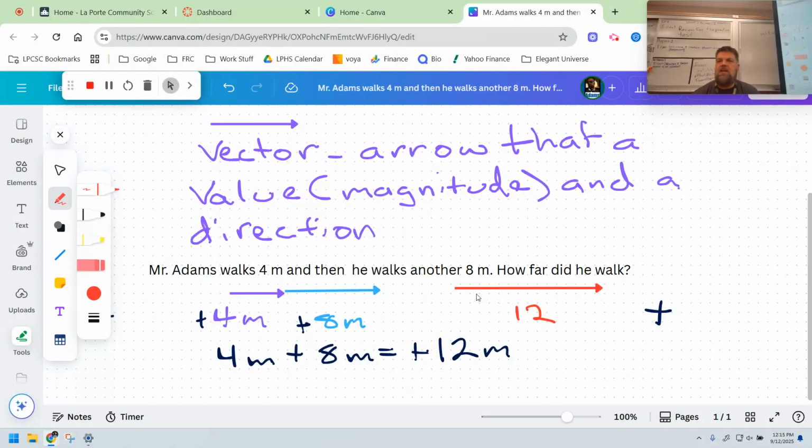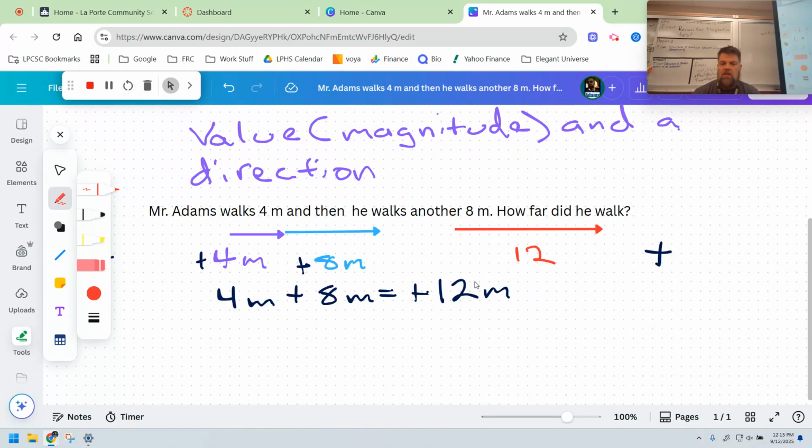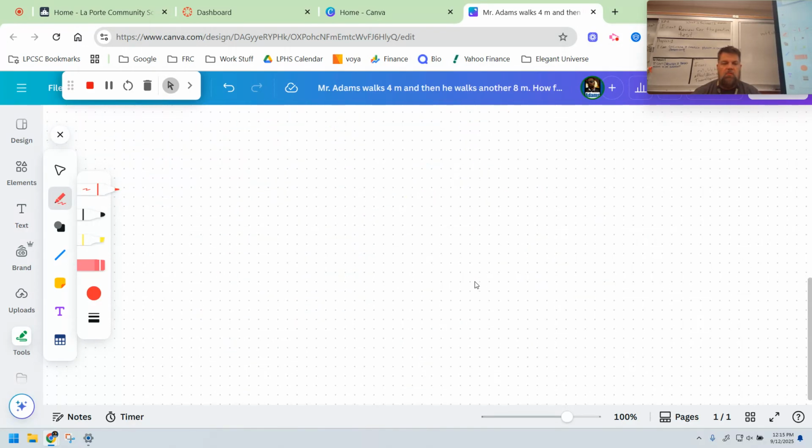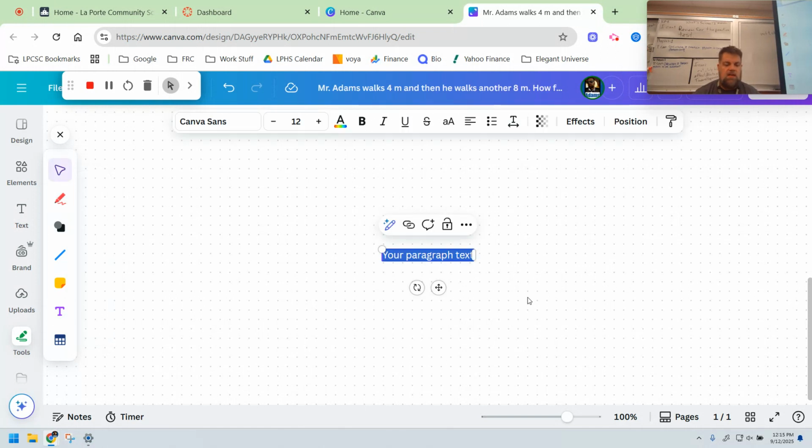The longer the arrow. Okay? So we're going to talk about the differences between displacement and distance. So the first thing is distance versus displacement.